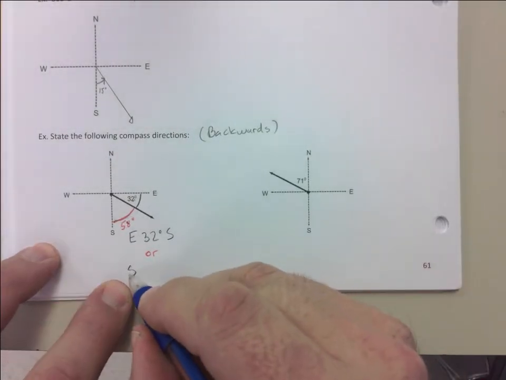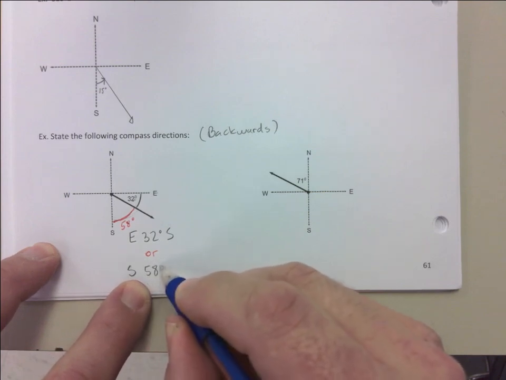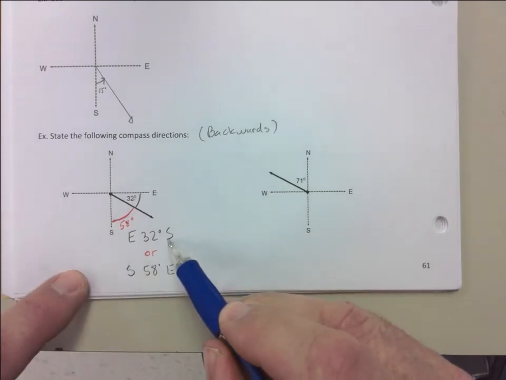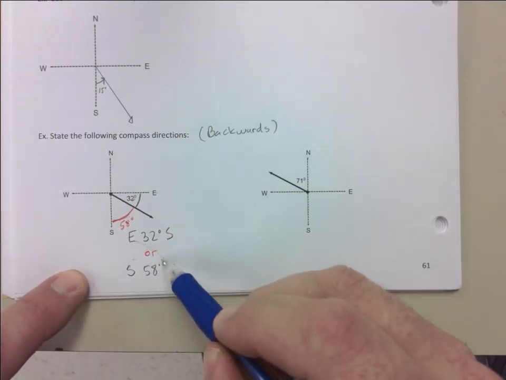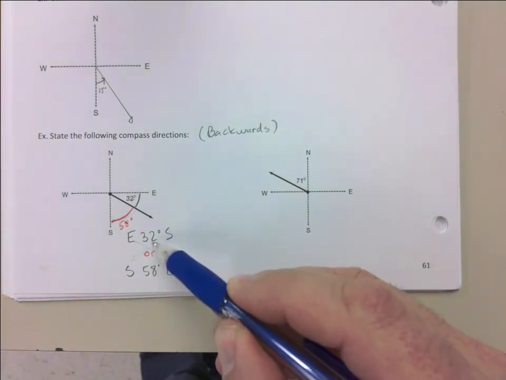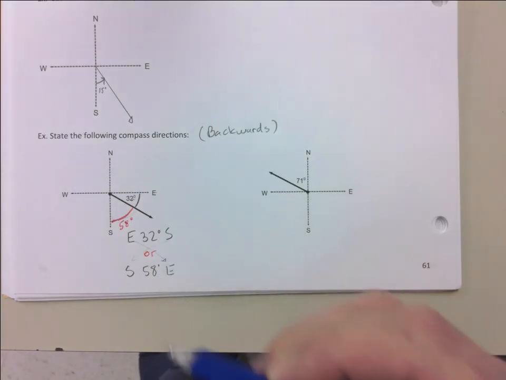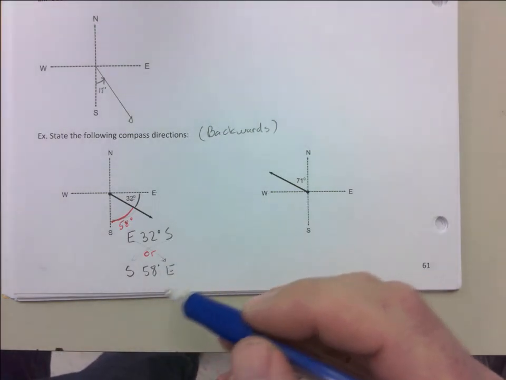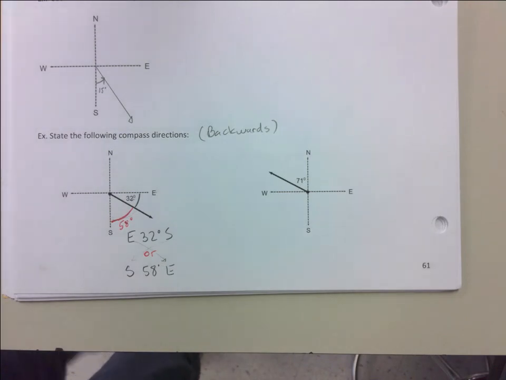South, 58 degrees, east. Notice what happened to these? I just flip them, and I find that, what do these two add up to? What do we call two angles that add up to 90? Complementary. So this isn't critical, but I need you to understand, okay?